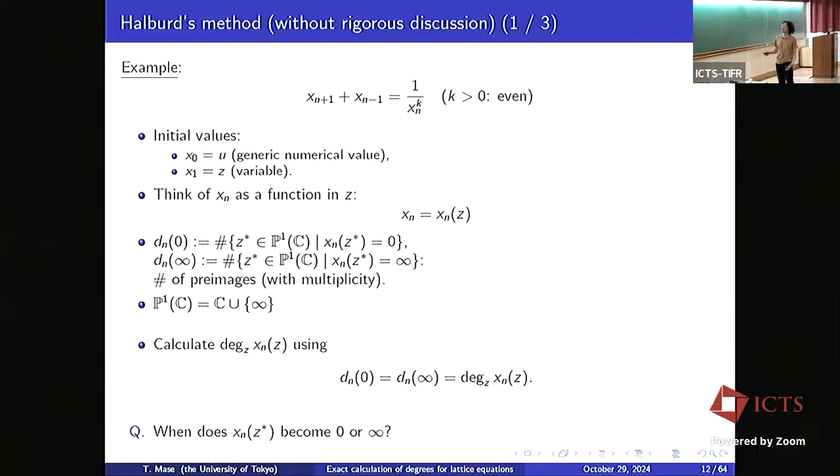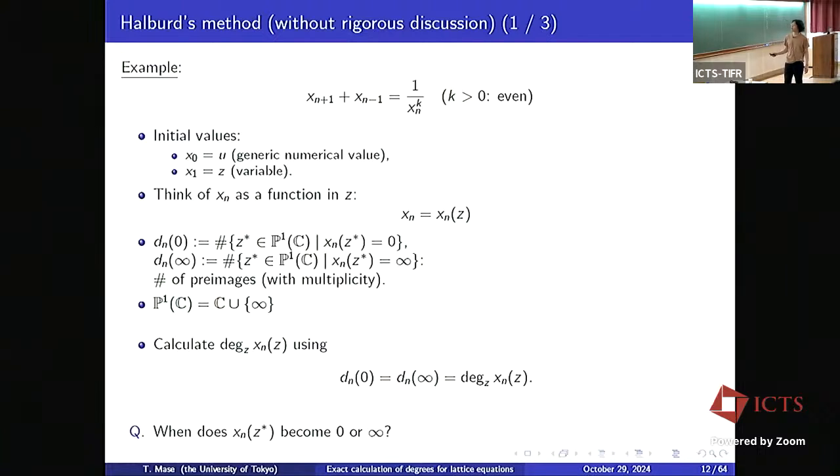And in this talk, we count the number of pre-images a lot of times, but every time we count with multiplicity. I won't mention this anymore, but every time the number is counted with multiplicity. By the way, P1C is C and the point infinity. The essential formula is this.